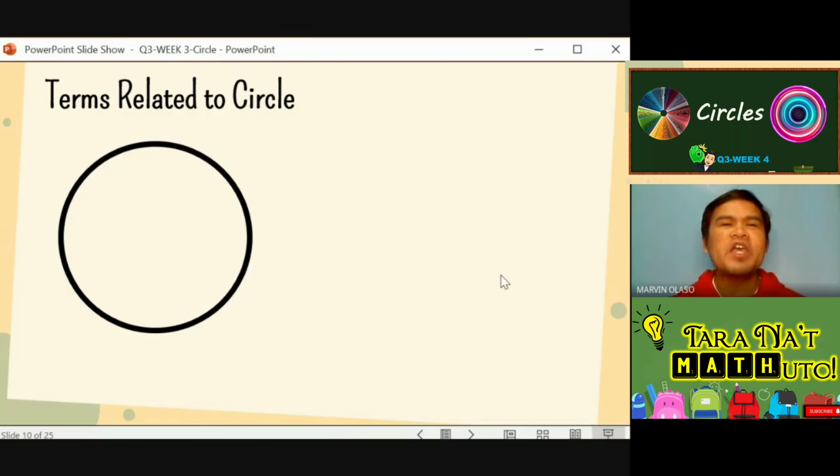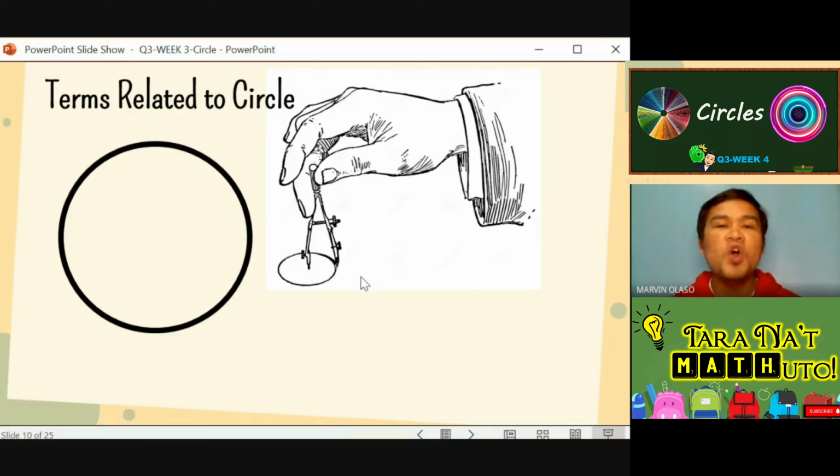By the way, if you want to draw a circle, ayan, meron tayong circle. Then, if you want to draw a circle, you can use this instrument. And we call this compass or tinatawag din itong a pair of compasses because it composed of two arms kung makikita nyo. One, ito pong nasa gitna, sharp point, yung nilalagay sa gitna.